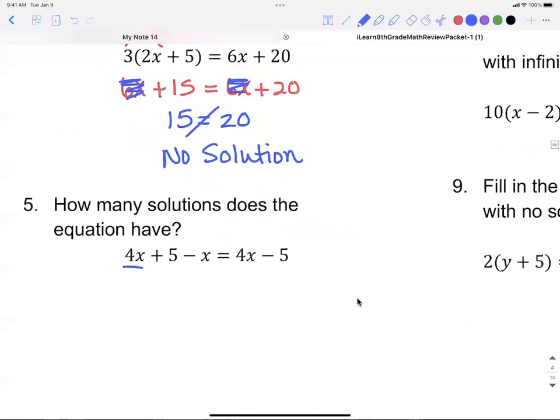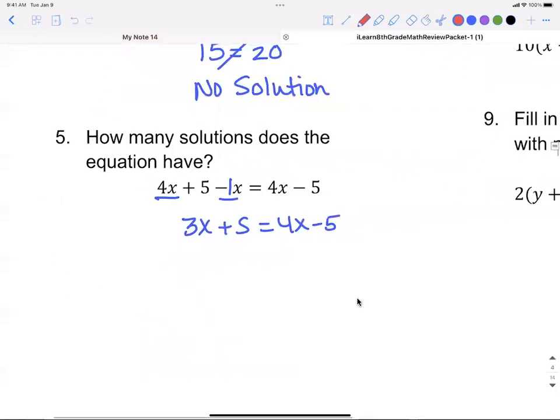Here you see 4x and 4x, but don't jump the gun. You got to combine like terms if you can. So we've got a 4x and a negative 1x that have to be written together first. So 4x minus 1x is 3x plus 5 equals 4x minus 5. Well, what happens if I take my x's over to the right this time because it doesn't really matter.